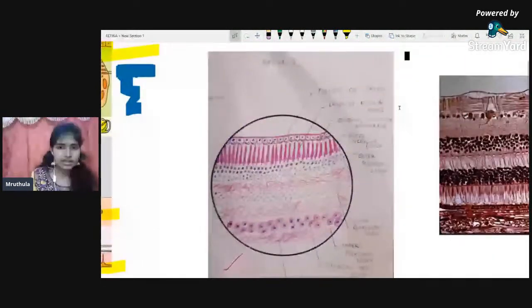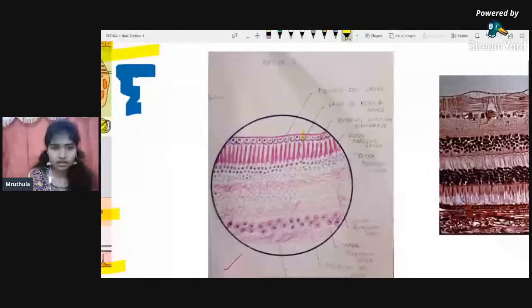Here in the retina, this is how a histological picture would look. We have the pigment cell layer as the outermost aspect. This zone is the pigment cell layer. It is made of cuboidal epithelium. The cuboidal epithelial lining is the lining epithelium of the pigment cell layer.